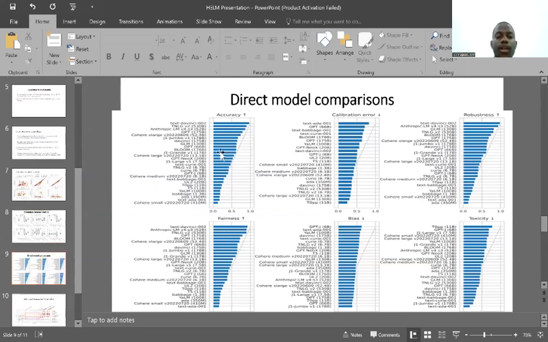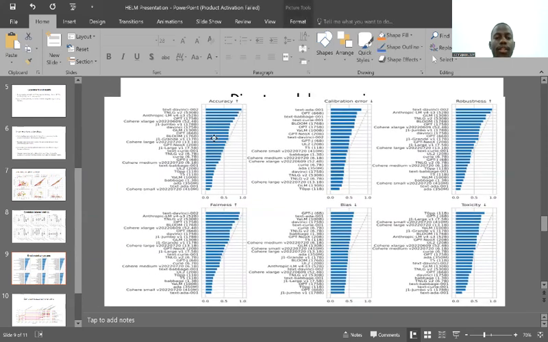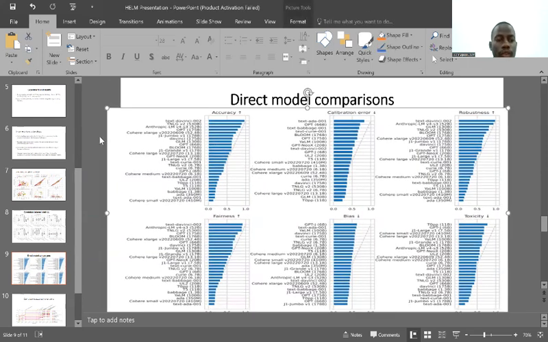So here we shall go to the model comparisons, whereby we compared the different models that were evaluated against different metrics, to see which model performed the best for each of the metrics.